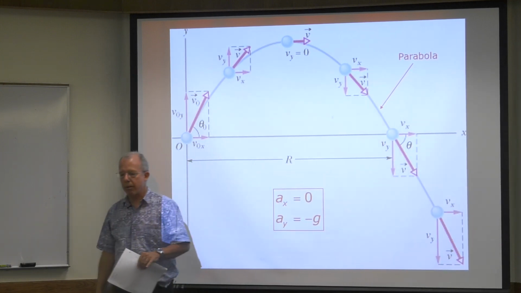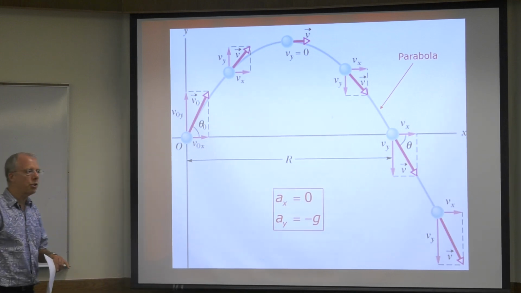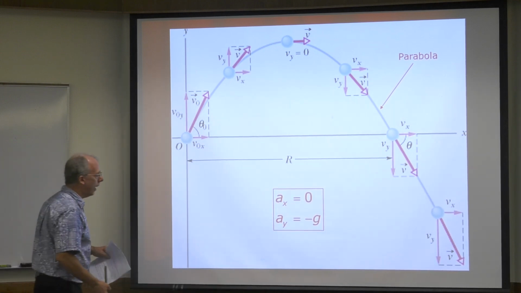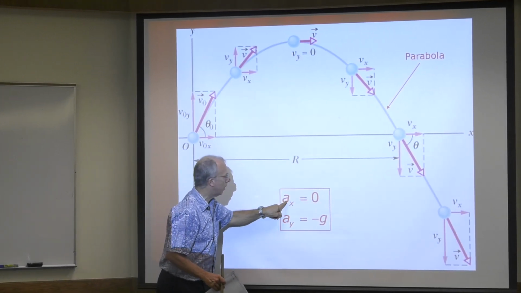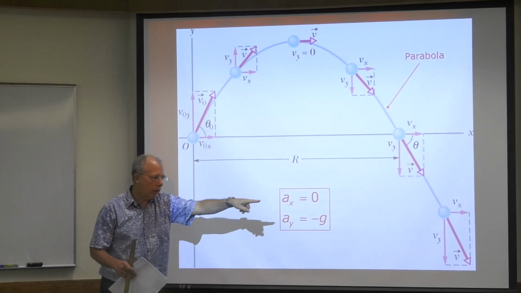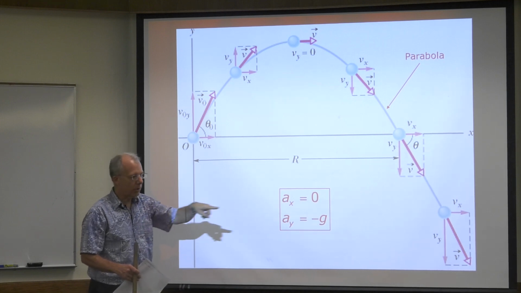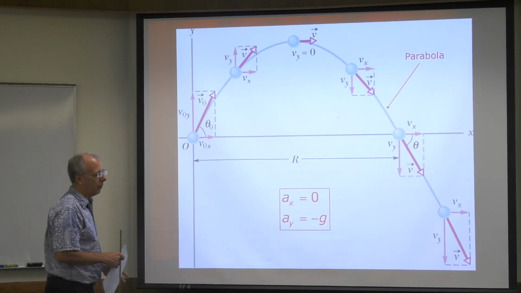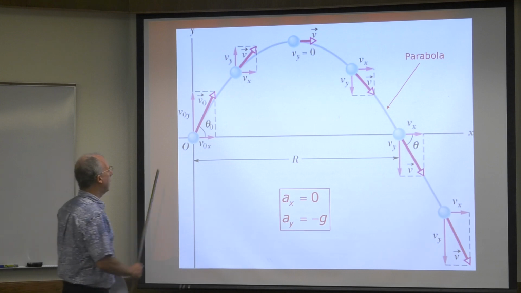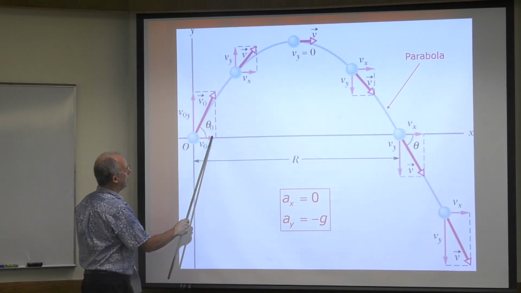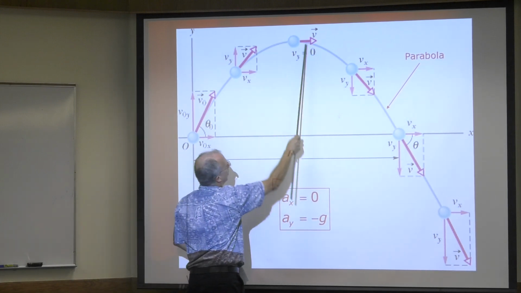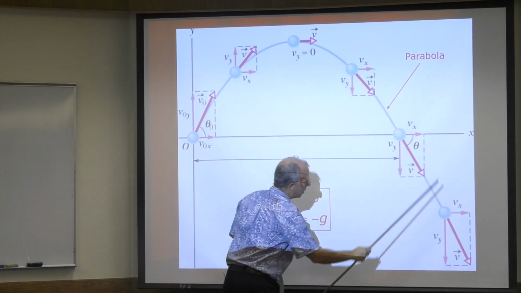What do you notice? Do the directions change? No. Do the magnitudes change? No. Why is that? Because a_x equals 0, right? Nothing changes along the horizontal direction. So that's the number two important thing, right? Number one, parabola. Number two, because a_x is 0, these v_x vectors are always exactly the same.